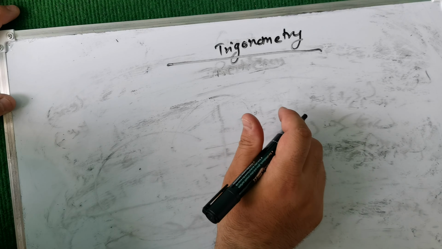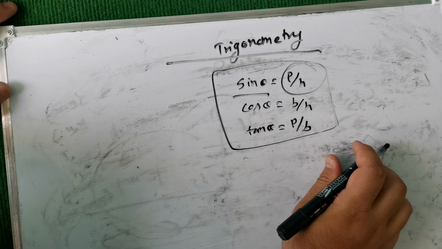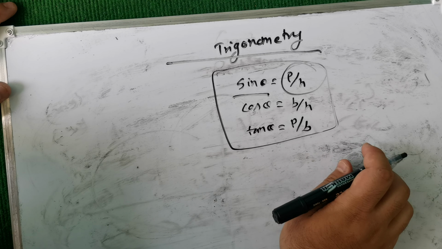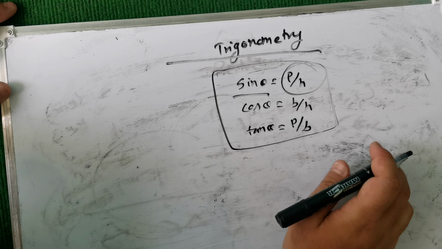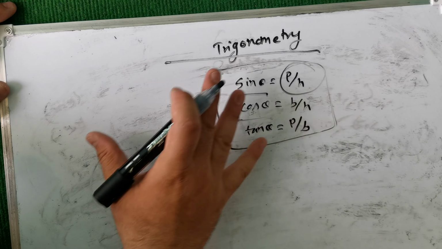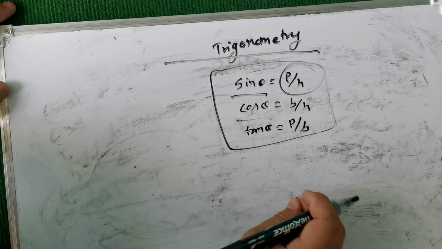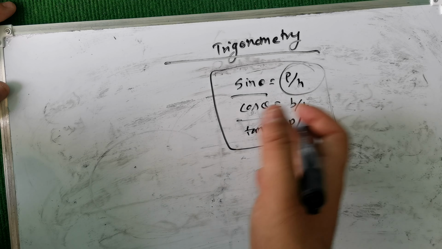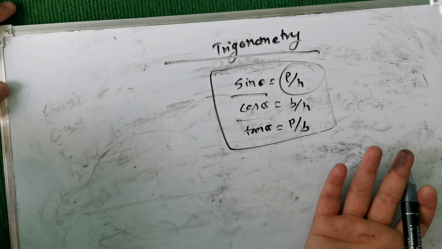Okay, you have to remember this. If you want to know how sin theta is equal to p by h, then please let me know in the comment section. I will make another video for this, but it won't come in your exam. It is just for your concept.